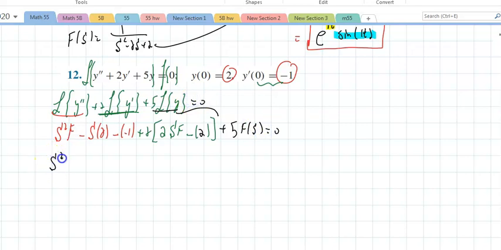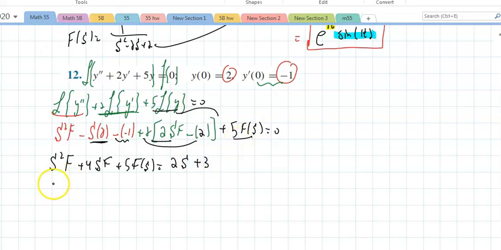So this is s squared times F of s plus 4 times s F of s plus 5 times F of s equaling, move this to the right, that is 2s plus 1 minus 4 is minus 3 to the right, that's a plus 3 if I'm not mistaken.